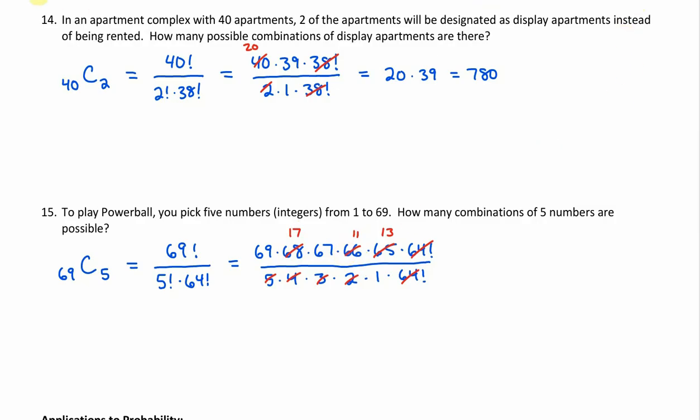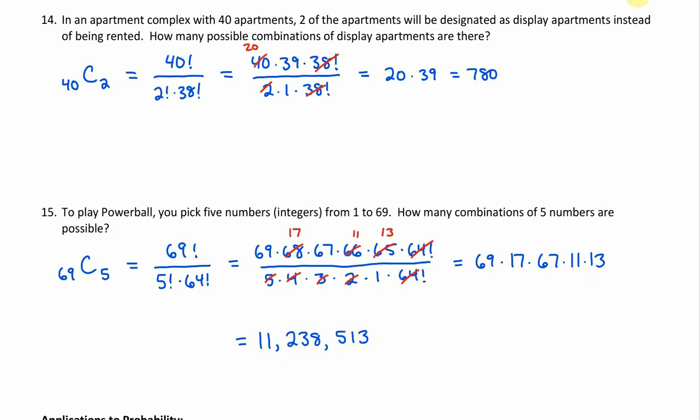So what we're ending up with, let's see here. We've got, I think I got enough space over on the right for this part. 69, 17, 67, 11, and 13. And if you multiply that out, it is a big number. It's 11,238,513.